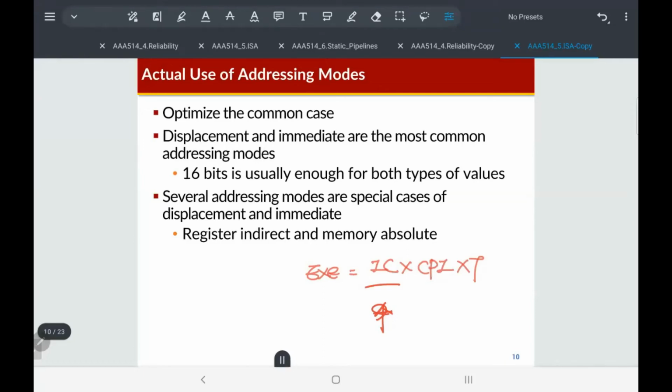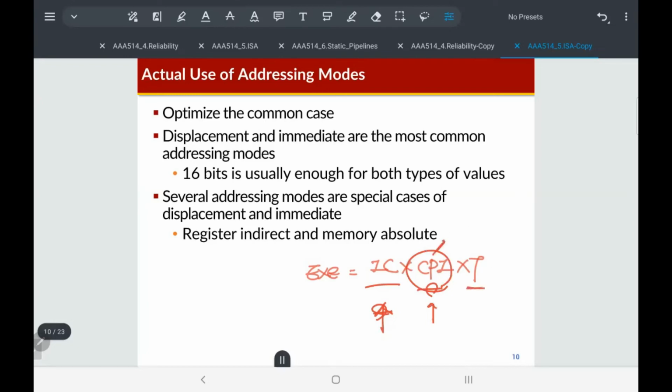But it may be good, because in order to support the complex instructions, the CPI can also be increased. So CPI is critical for the performance.